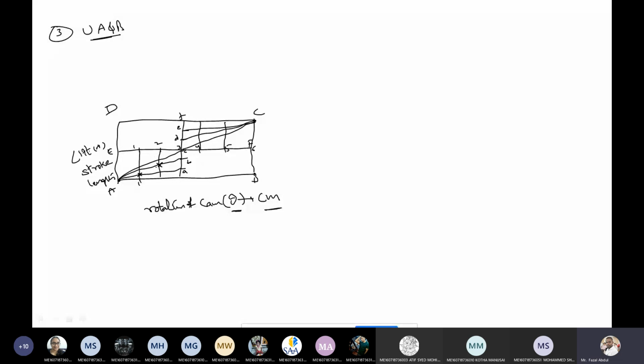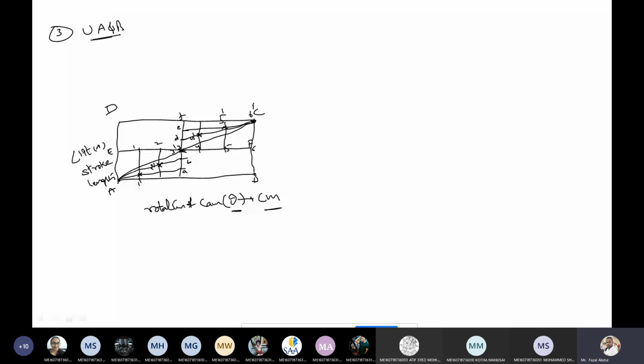Give that point as 2 dash, and the third line automatically, give the same name as 3 dash. And see here from this side, the line which is passing through the C and intersecting the fourth line here, this is the fourth line. So give that point as 4 dash. Now this is 5 dash and this is 6 dash.